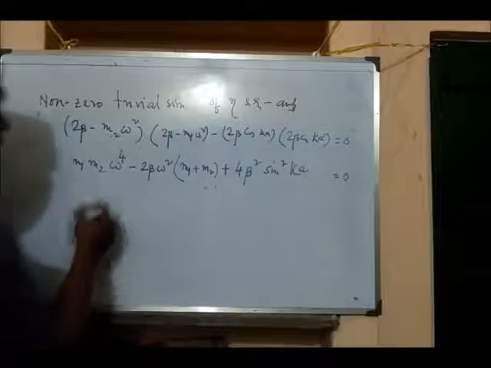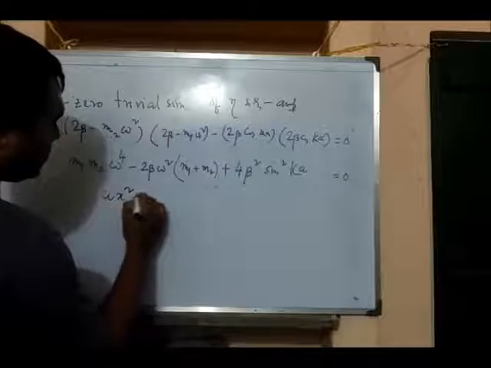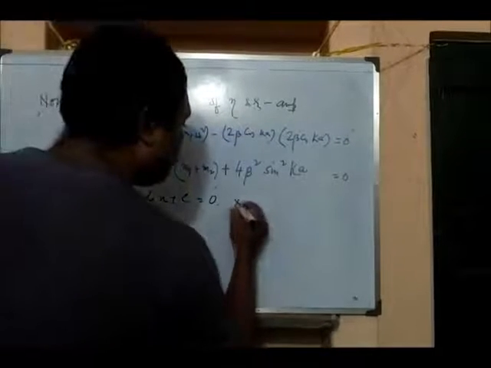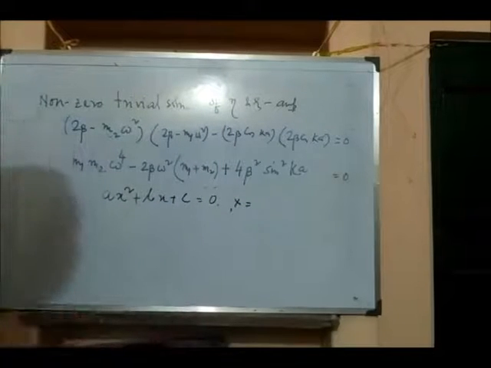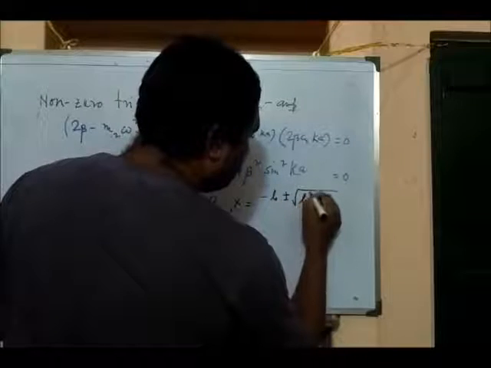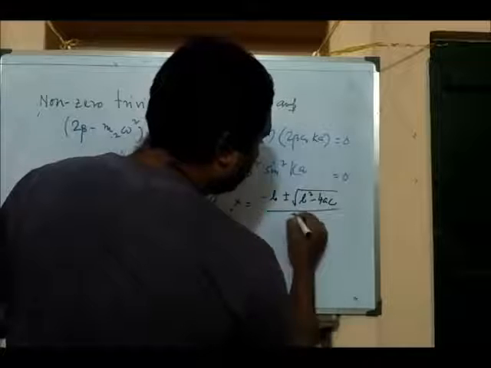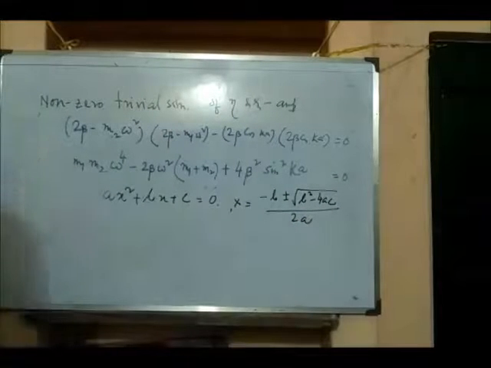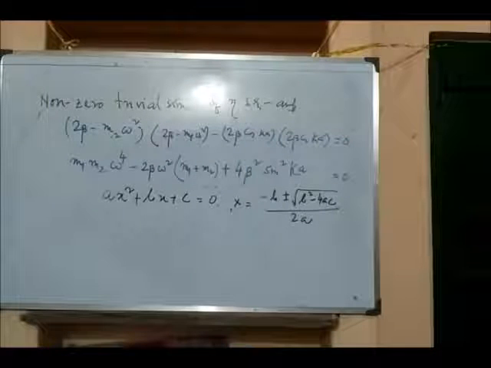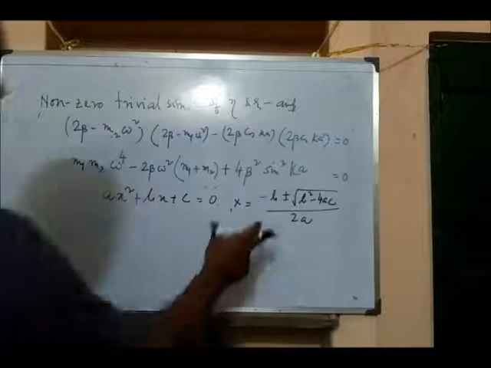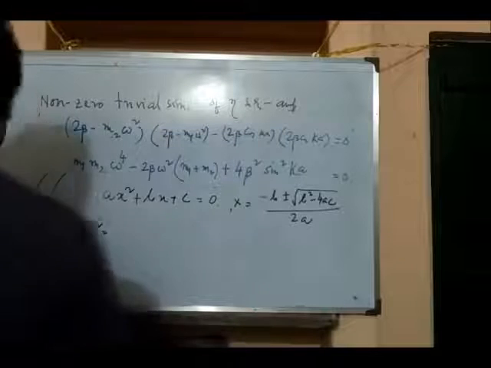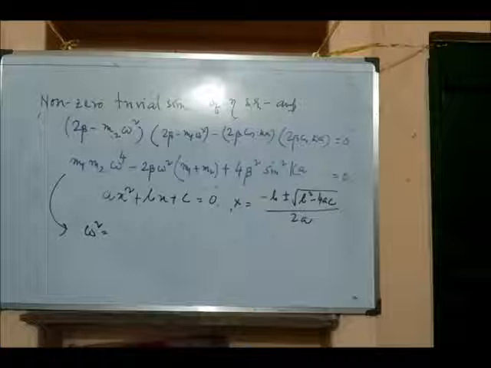Let us consider a quadratic equation ax square plus bx plus c equals 0, and for the solution we apply the Sridharacharyya rule, and we will get minus b plus minus root over b square minus 4ac divided by twice a. So you are getting just this solution. So from this equation, what will be the values of omega square?